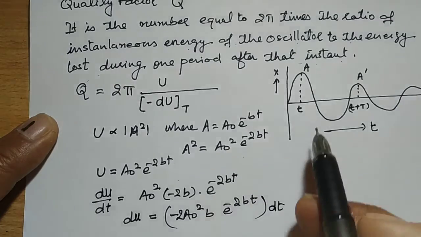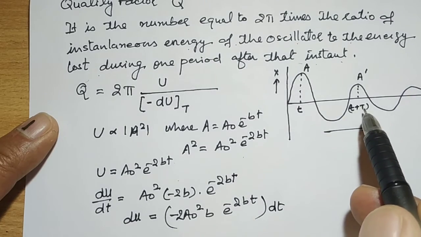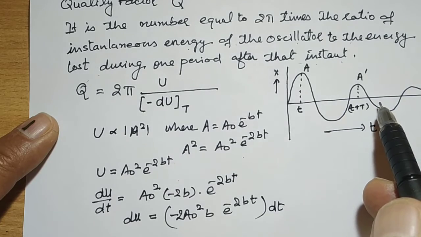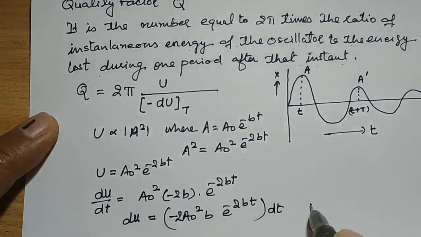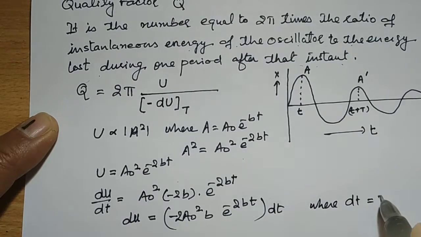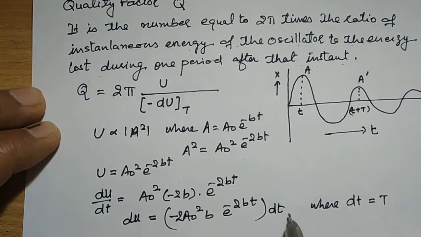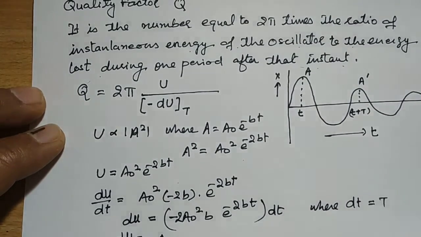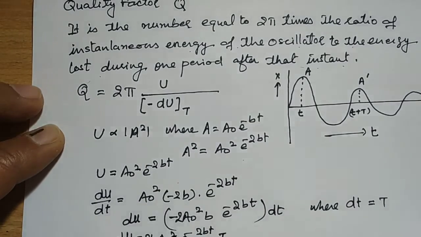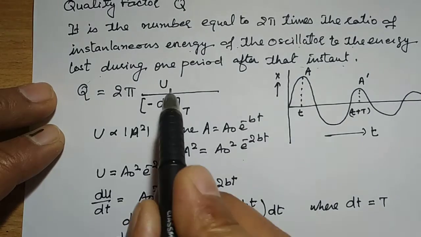The change in time is now one time period, so dt can be placed as capital T. We need the loss, that means minus dU, so the minus signs cancel and we get 2b A naught squared e to the power minus 2bt multiplied by capital T. So this is minus dU.